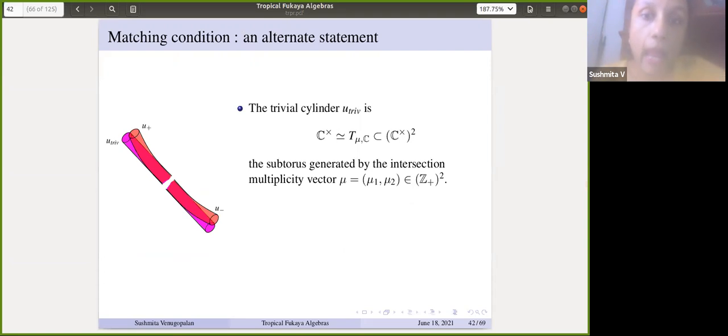What's really happening is that at a node, on both sides of the node, the map is asymptotic to a trivial cylinder. And a trivial cylinder is essentially a one-torus, which we call T_mu, and it's generated by the multiplicity vector.